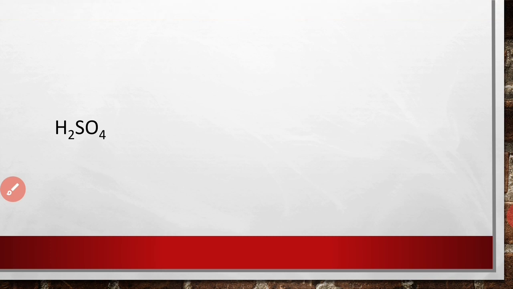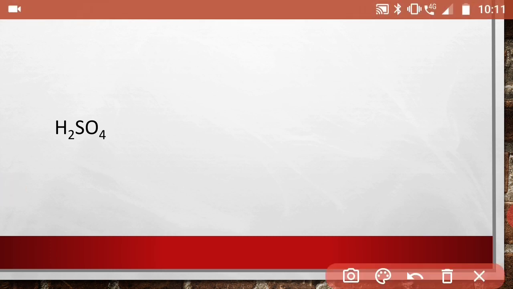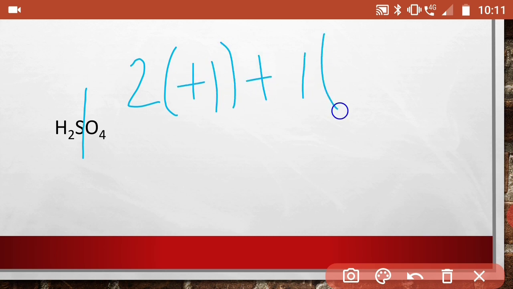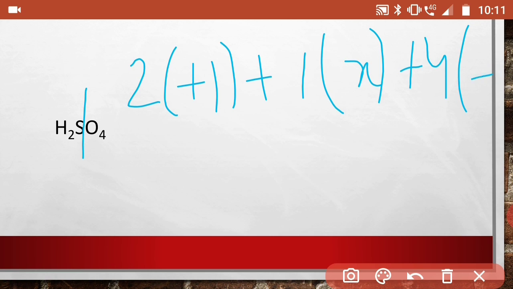First example is sulfuric acid, H2SO4. Here we have to calculate the oxidation state of sulfur. The number of hydrogen is 2, oxidation state of hydrogen is +1, the number of sulfur is 1. Oxidation state of sulfur we don't know. The number of oxygen is 4, oxidation state of oxygen is -2, and overall charge is 0.